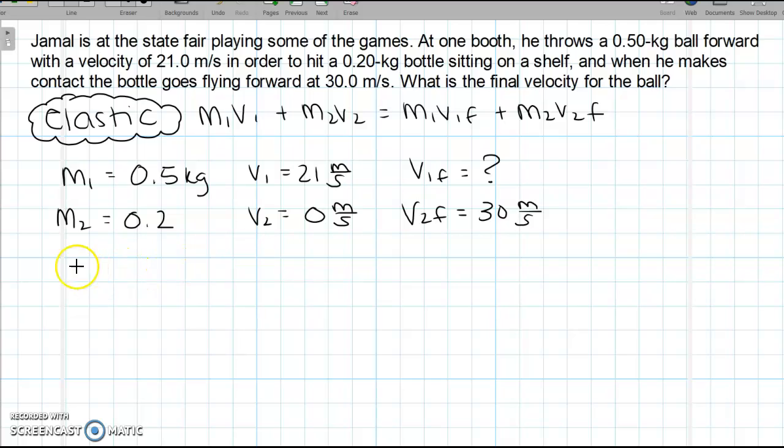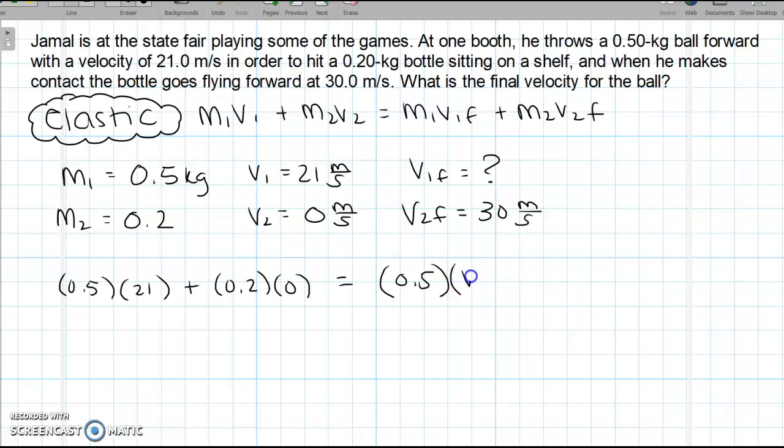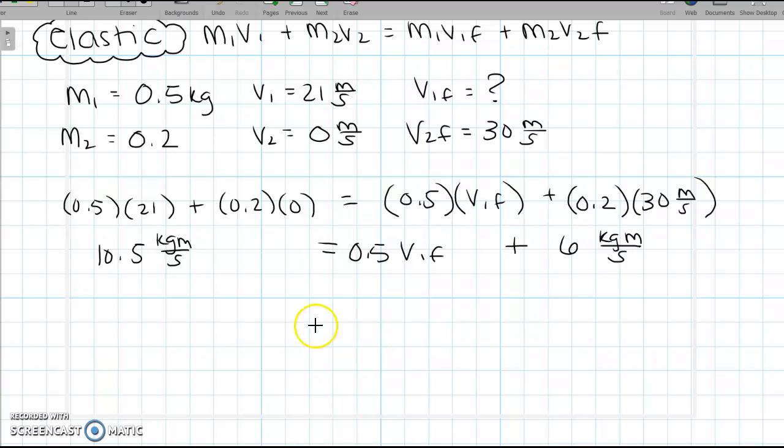All right, so let's plug in our information. So we have 0.5 times 21 plus 0.2 times 0 is equal to 0.5, again because our masses do not change, times V1F plus 0.2 times 30. All right, so again, break out those calculators and solve for this. All right, and you should get the following information.